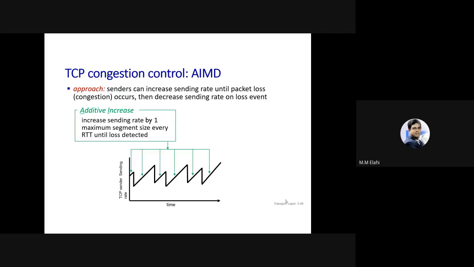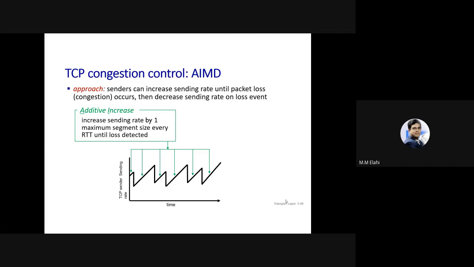But one problem with AIMD is, definitely there is a theoretical peak. Practically, it is not possible to know what is the theoretical peak, the possible optimal rate. That cannot be calculated directly. But we can probe by increasing the rate.